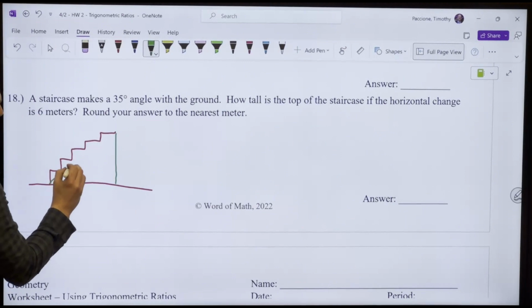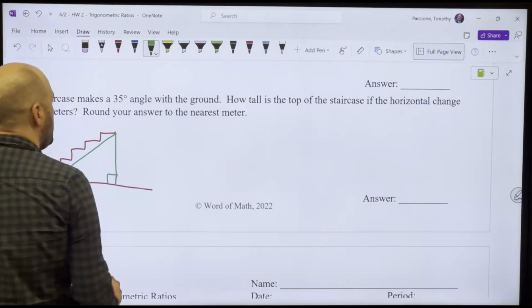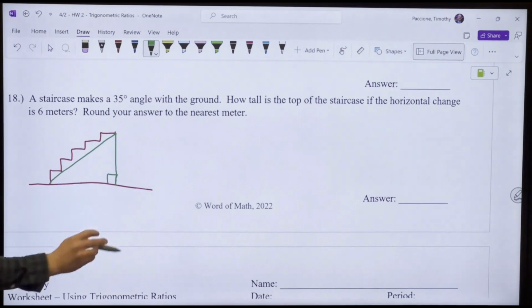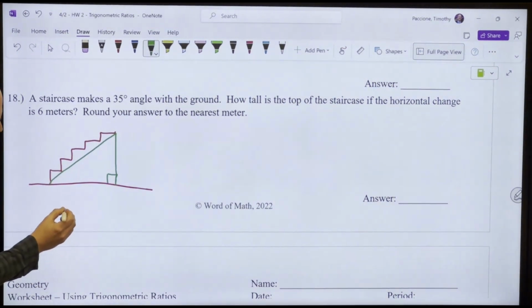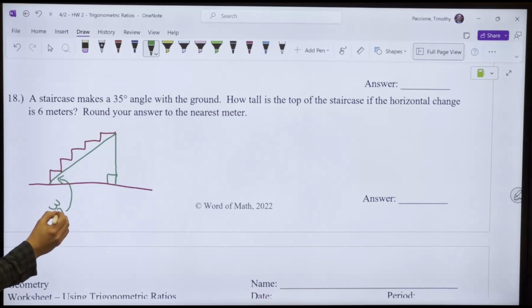Also, this needs to be a triangle, so I'm going to add that line right there, okay? And then I see the right triangle, okay? It says it makes a 35-degree angle with the ground, okay? If this is the staircase and this is the ground, where do they make an angle? Right there. So that's 35 degrees.